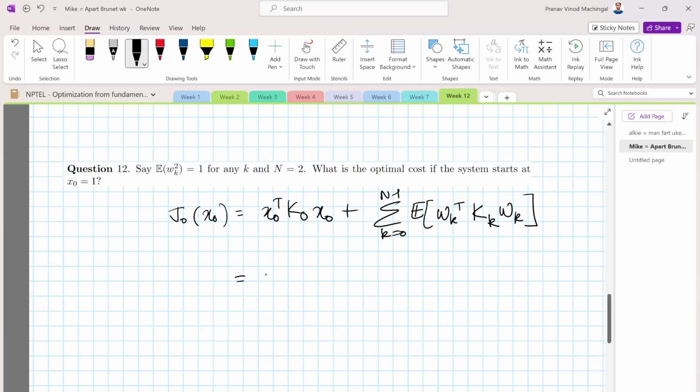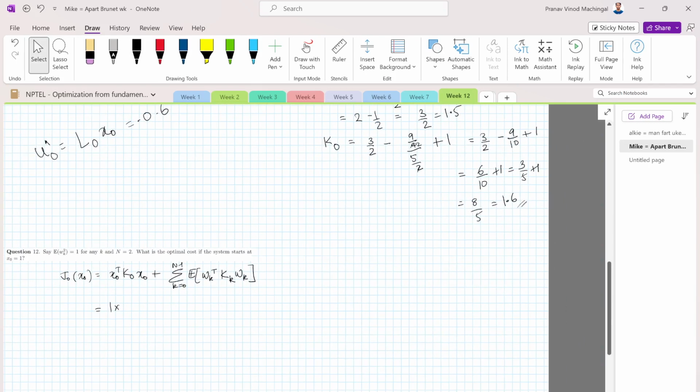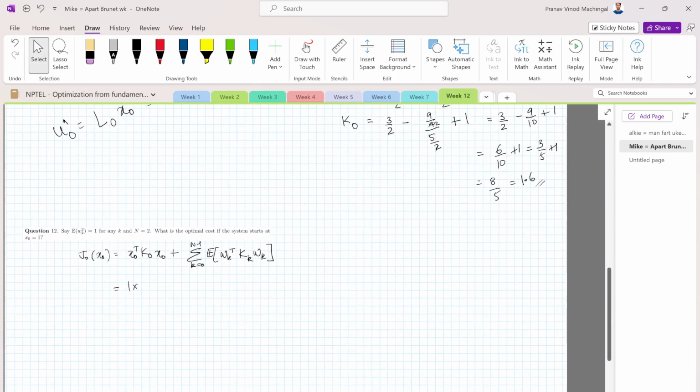So you have x0 is 1, K0 is 1.6 into 1 plus summation k from 0 to n minus 1.